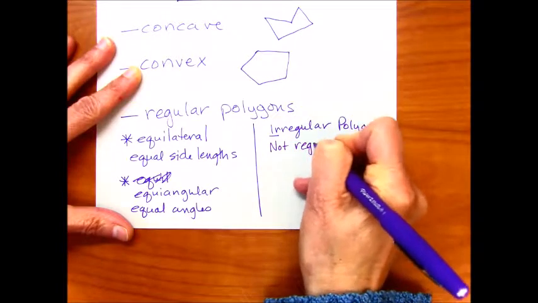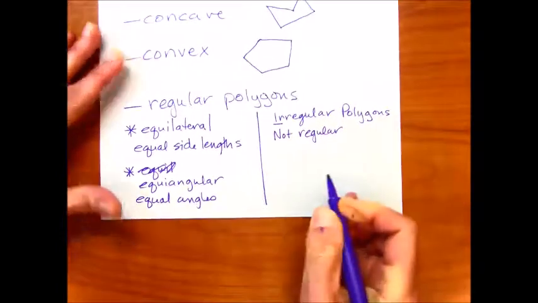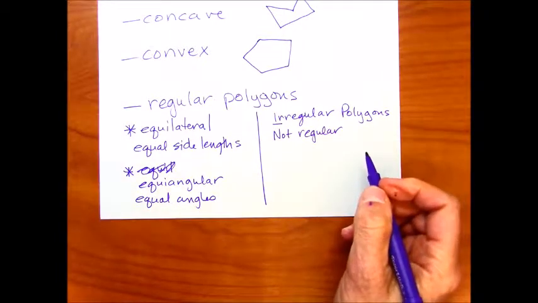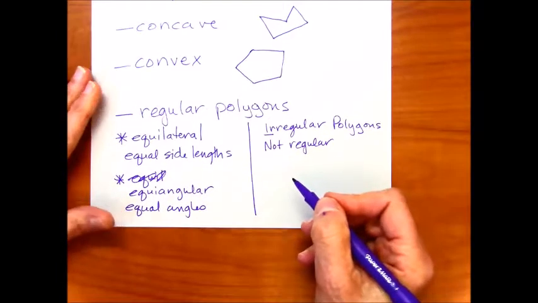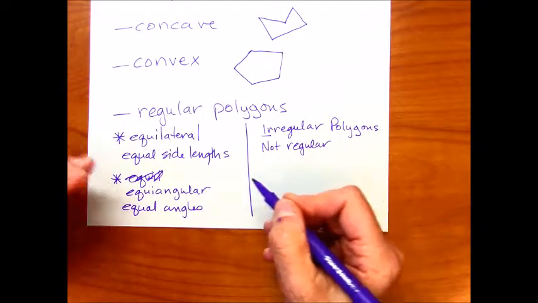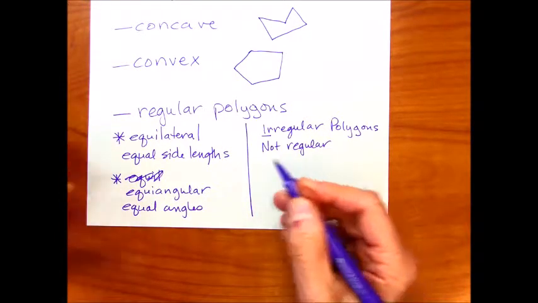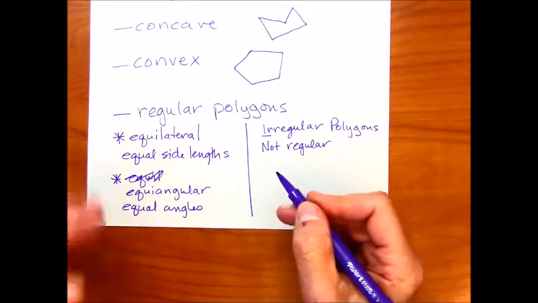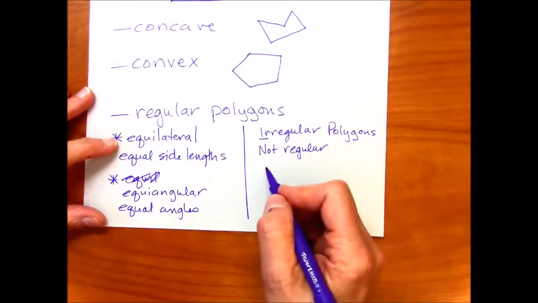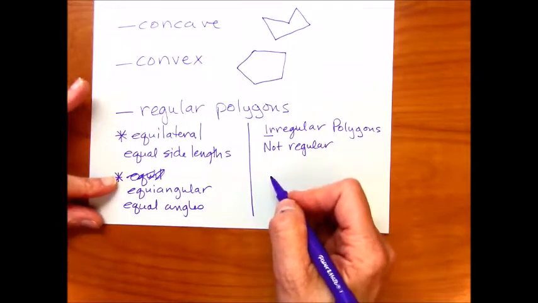That's basically what that's saying, not regular. So irregular means that we're still going to have a polygon. We're still going to have a 2-dimensional figure made up of line segments that meet at the vertices, and it's still going to be a closed figure. But they're not going to necessarily have equal sides or equal angles.